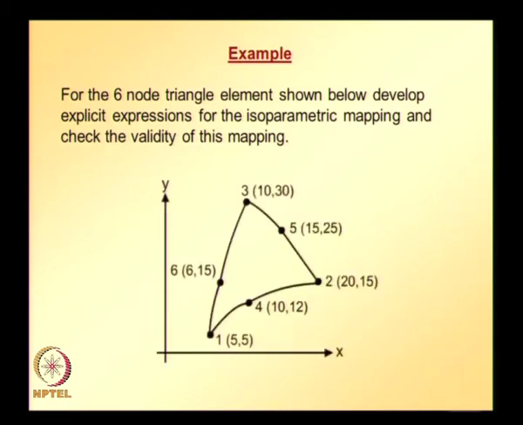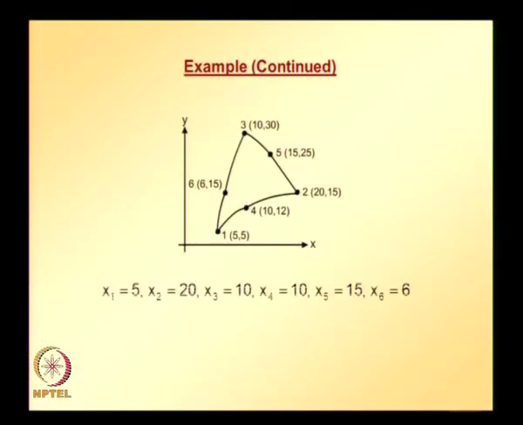This is a 6 node triangular element, and the x, y coordinates of all nodes are given. With this information we can write the x coordinates and y coordinates of all nodes.